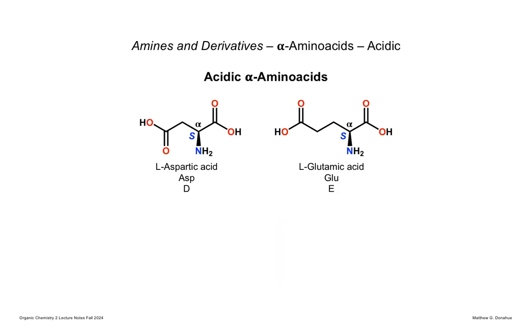So the 2 acidic amino acids both have a second carboxylic acid fragment. So aspartic acid and then glutamic acid.